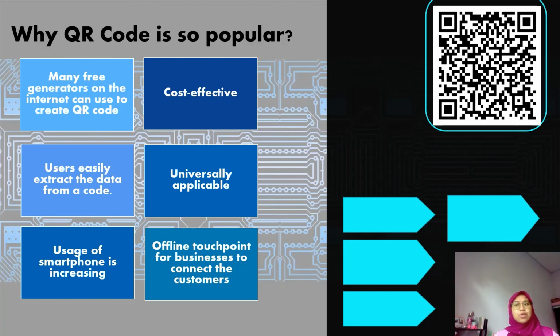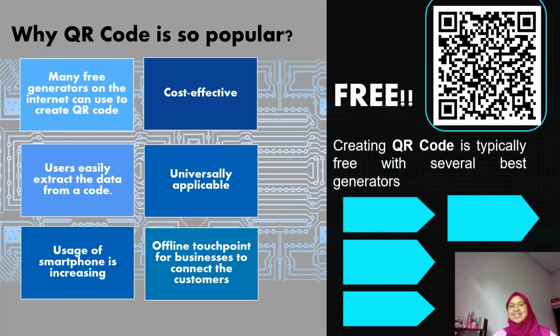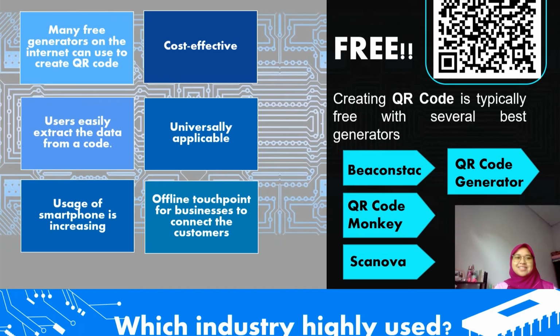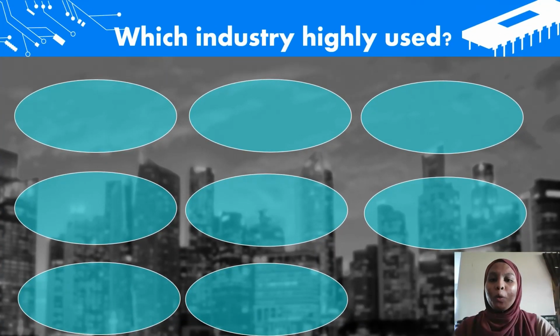Are QR codes free? Yes, it is free. Creating a QR code is typically free with several basic generators such as Beaconstac, Skynova, QR Code Monkey, and also QR Code Generator. Which industries highly use the QR code?